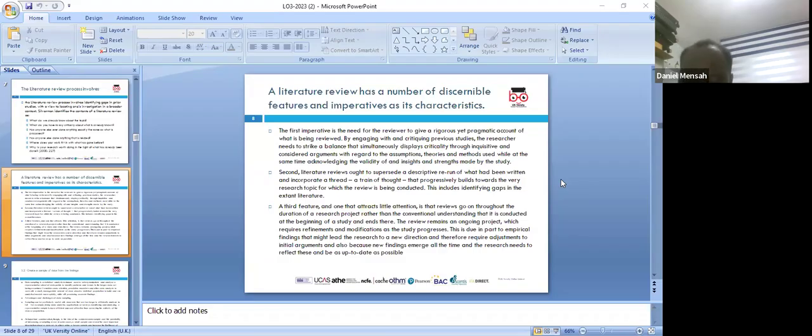You need to criticize or find out the loopholes within those writings, and that becomes your line of argument in your new proposal that you seek to do. So you need to find the strengths within those writings, and then look at the weaknesses or the loopholes where you can advance your argument.